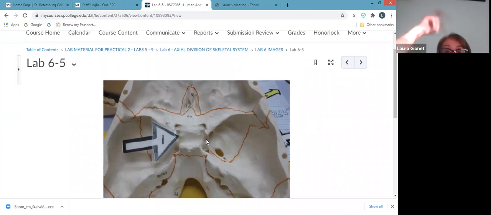You can see it from the top looking down or from the bottom looking up, but the only feature we want you to identify is what number 1 is pointing to, and that's the sella turcica. You only see that by looking down into the skull. That bone is the sphenoid bone. That particular feature is the sella turcica, and that's where the pituitary gland is found.